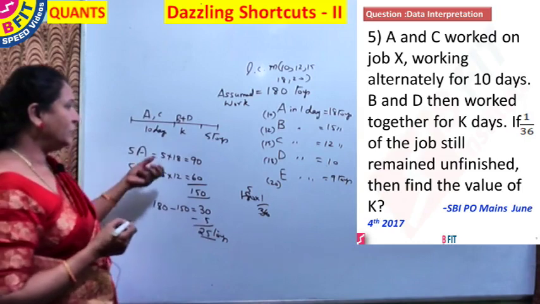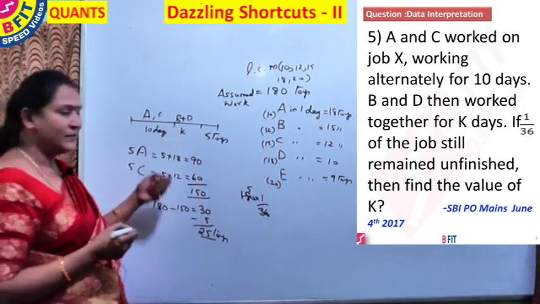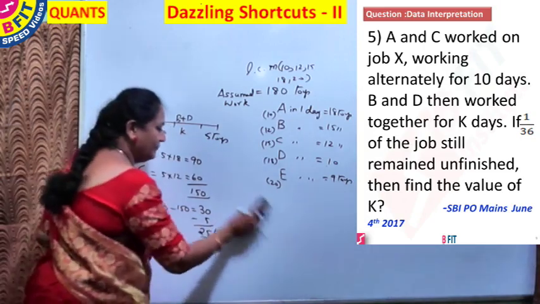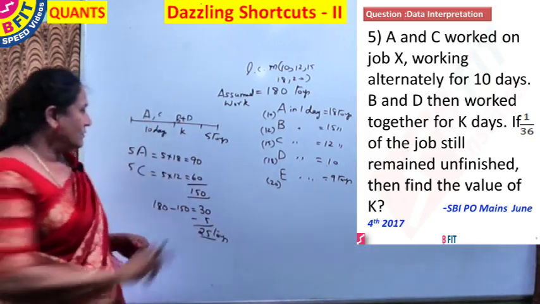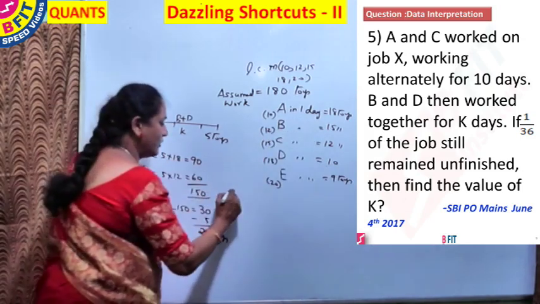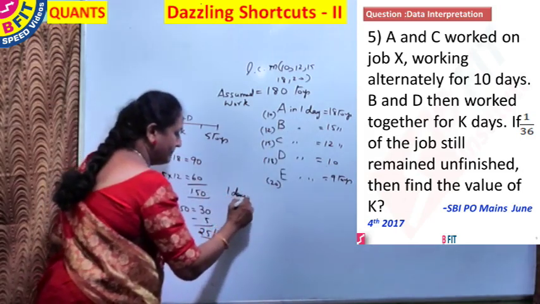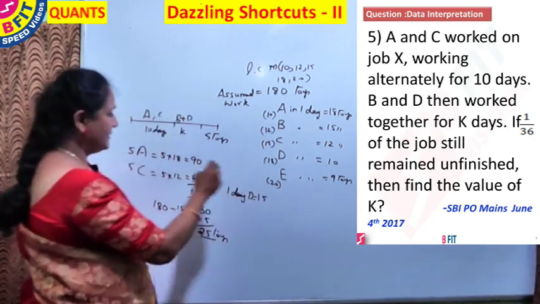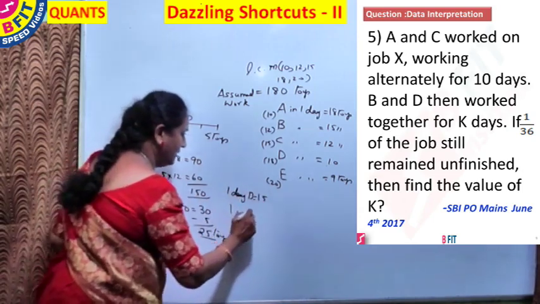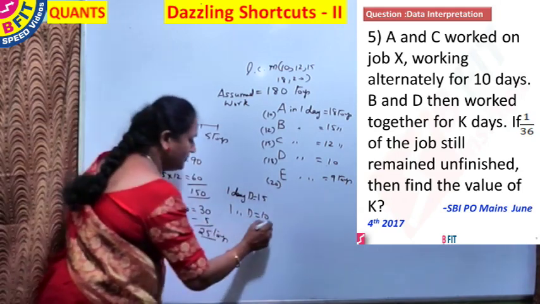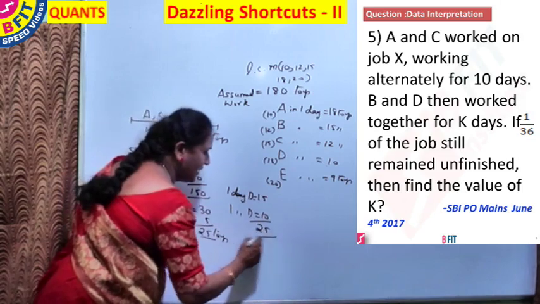Now we need to know for how many days B and D together have worked. Seeing the data, B in 1 day can make 15 toys, and D in 1 day can make 10. So if B and D work together, per day they can make 25 toys.